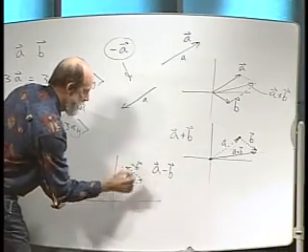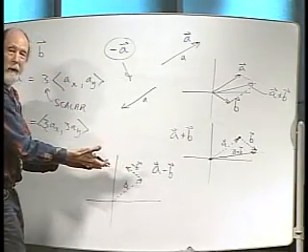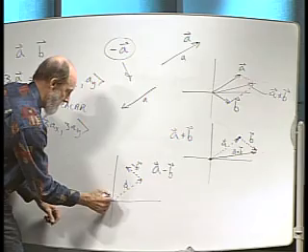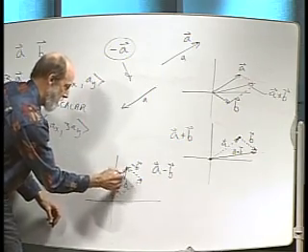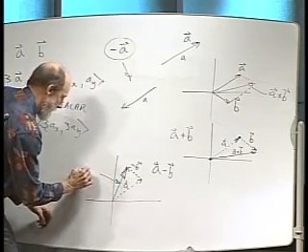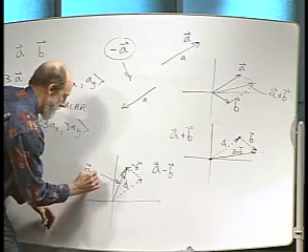There's minus B, right? I'm adding those together, am I not? And so I end up with this vector. So this thing right here is A minus B.